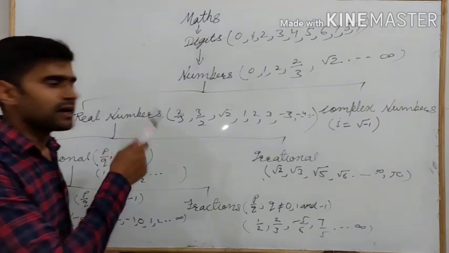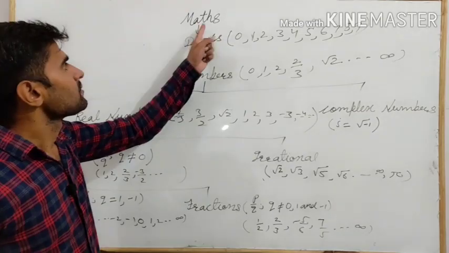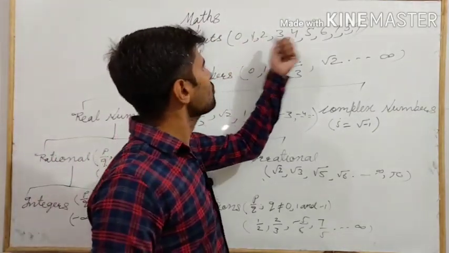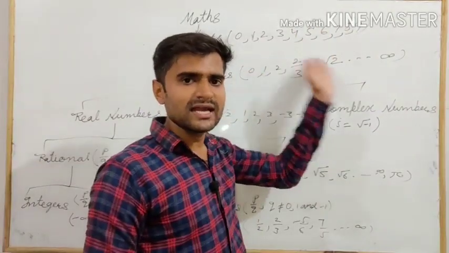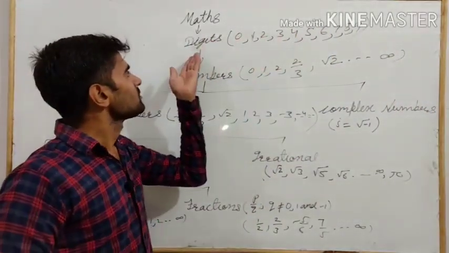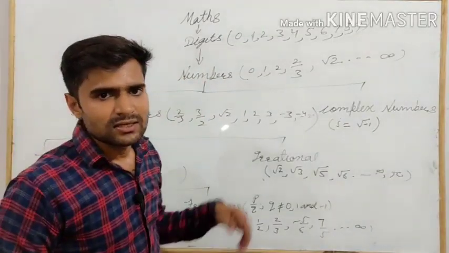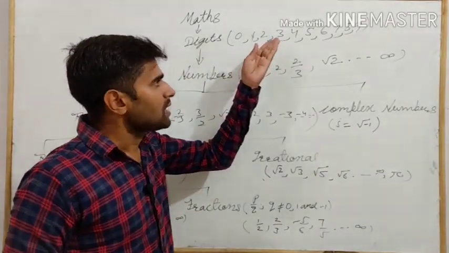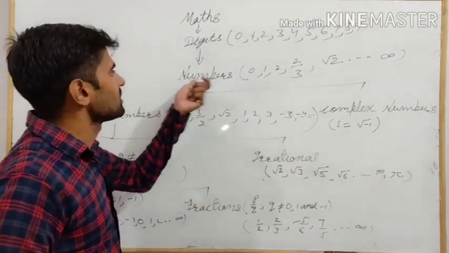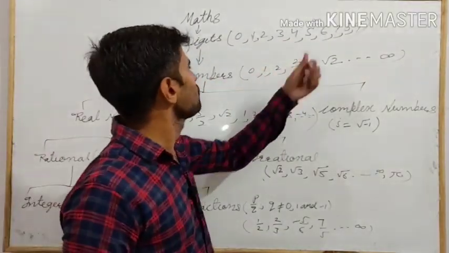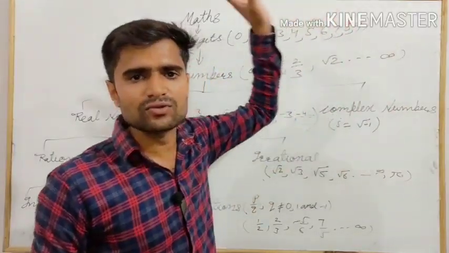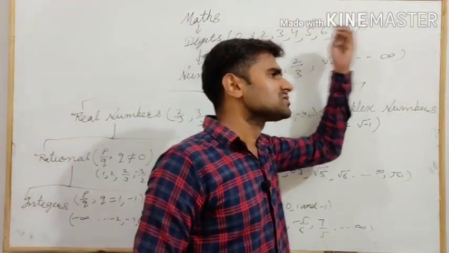Now again repeat it. In maths, our basic thing is digits, which is 0 to 9. These are 10 digits in mathematics, which we can call mathematical alphabets, because with the help of these digits we can create any numbers, and numbers are 0, 1, 2, 2 upon 3, root 2, root 5, 16, 17, and many more examples, up to infinity.